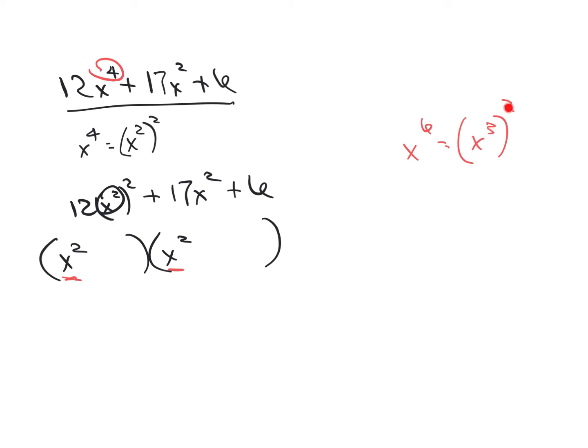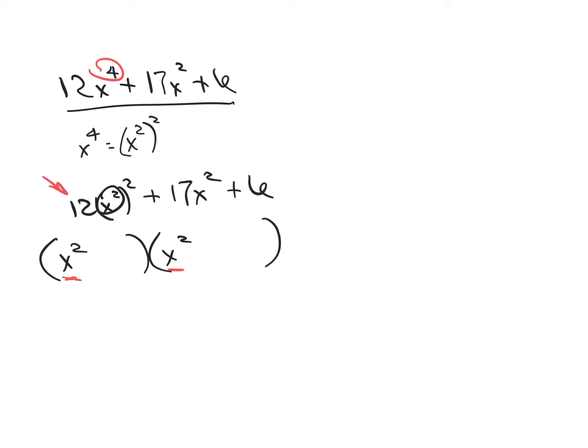Whatever times 2 gives you the exponent, that's the number you put in here, and that's the number that goes here and over here, so that when you multiply them, you get your exponent back. Okay, I know that's really confusing, but let's keep going and see if after some practice you can get this.